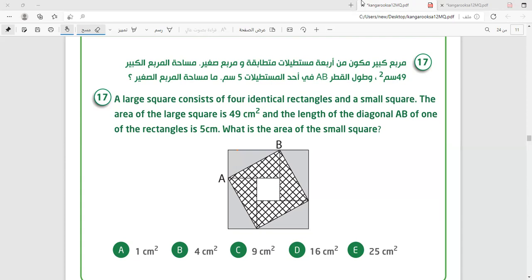So let's imagine that, wait, let me write it down. 25 divided by 2, 12.5. Let me make it clear so it's easy to explain.